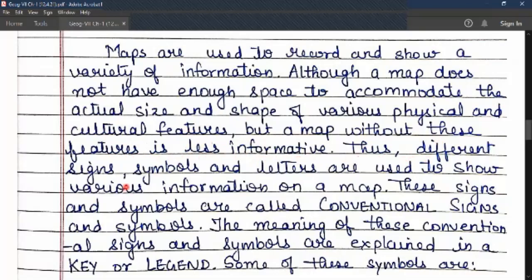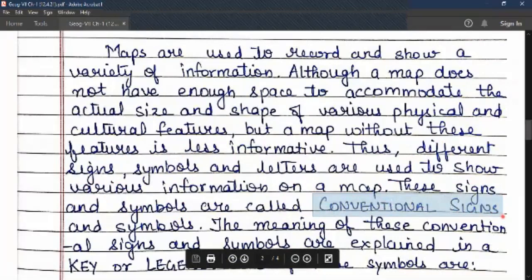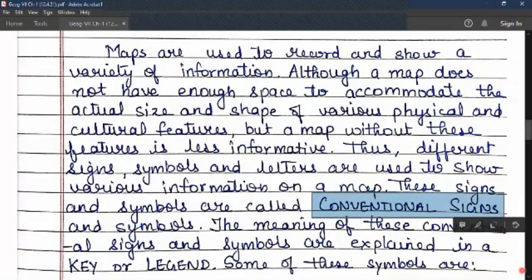Thus, different signs, symbols, and letters are used to show various information on a map. These signs and symbols are called conventional signs and symbols.